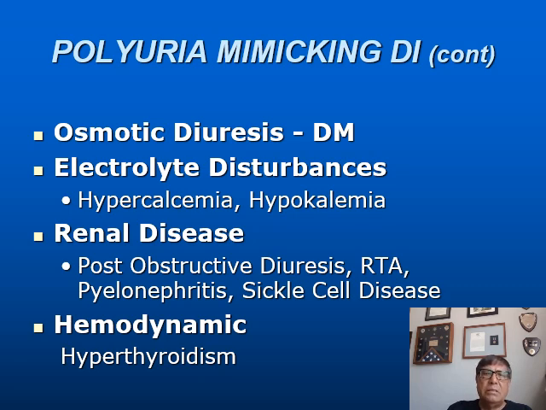Electrolyte disturbances like hypercalcemia and hypokalemia can also give rise to some degree of polyuria. And the renal diseases are post-obstructive diuresis, renal tubular acidosis, pyelonephritis, and sickle cell disease. The polyuria here is not to the extent that you would normally see in diabetes insipidus.